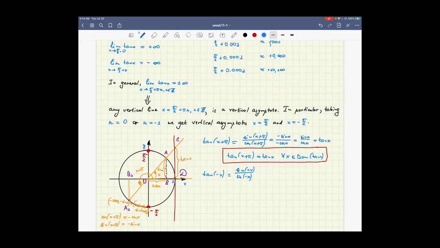And sine being an odd function and cosine being an even function implies that sine at negative x is negative sine x, and cosine at negative x is cosine x. That is by definition of even and odd functions. That is, of course, negative tangent x, and that is for every x in the domain of tangent.